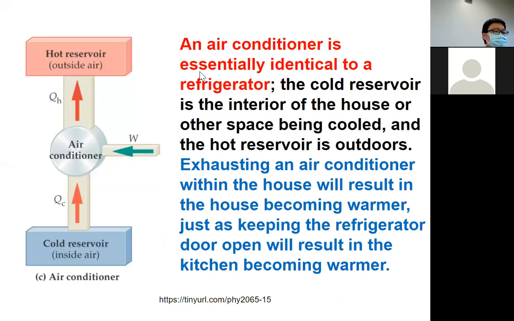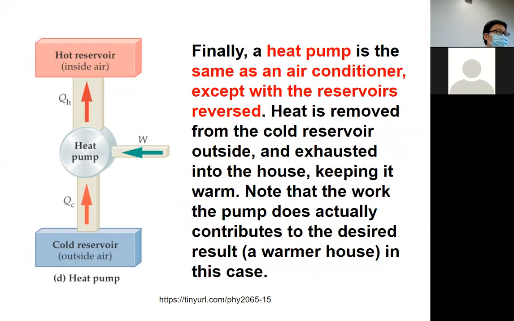An air conditioner is basically the same as the refrigerator. It takes heat from the cold reservoir, and with the work done, dumps the heat to the outside environment, the hot reservoir. A heat pump does the same thing, but in the reverse process of the AC: this time heat is removed from the cold outside air, and with the work done by the heat pump, dumped to the inside air.